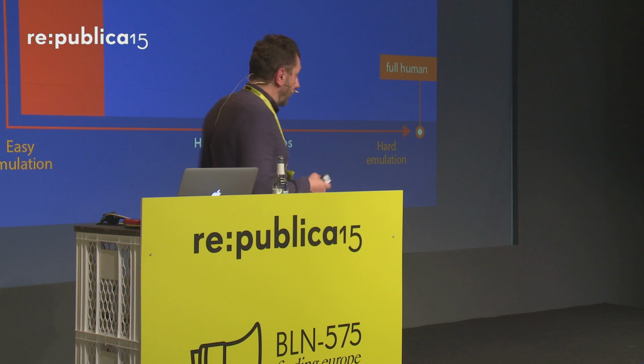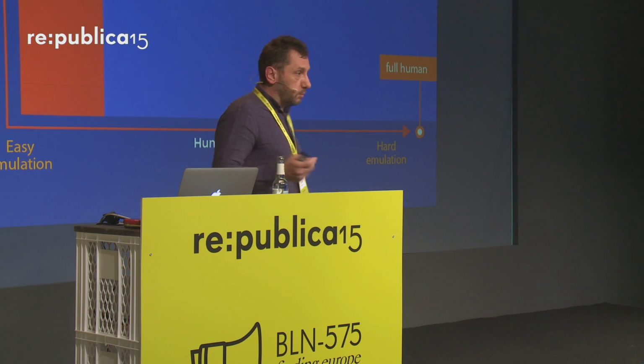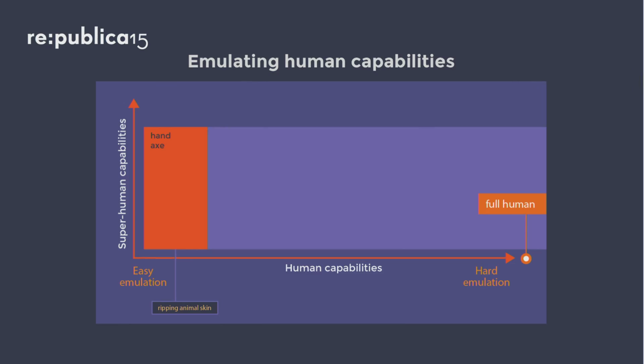These all may have started, for example, with the invention of the hand axe. A hand axe is very good for ripping animal skin, much better than human bare hands or your fingernails. So you get superhuman capabilities immediately, as soon as you have the invention. But the important thing is that this is domain specific.